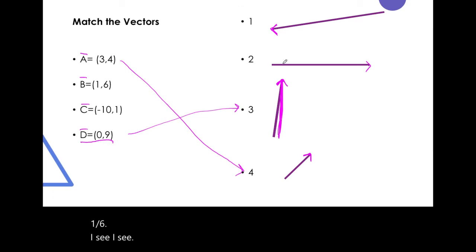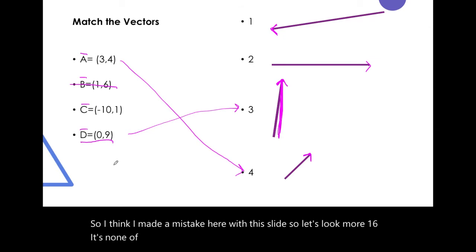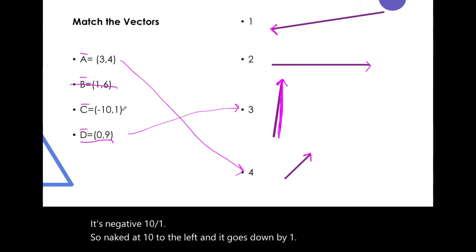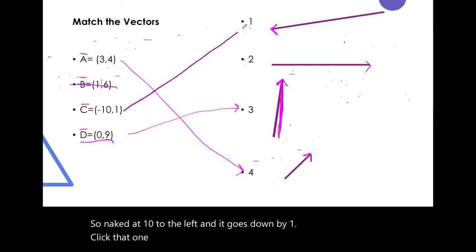I think I made a mistake here with this slide, so let's ignore 1, 6, because none of them really match that. But if you look at vector C, it's negative 10, 1. So negative 10 to the left, and it goes down by 1. That one matches best with number 1.